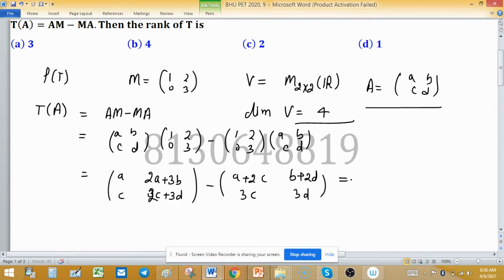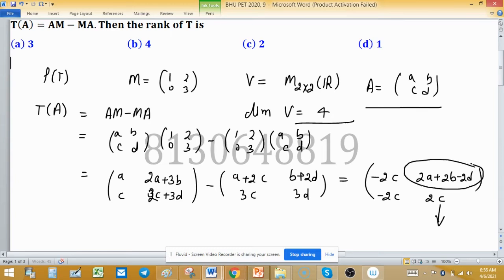Now subtract these two, we will get minus 2c, and this one will be 2a plus 2b minus 2d. If we have the value of c and this element, suppose this element is x.